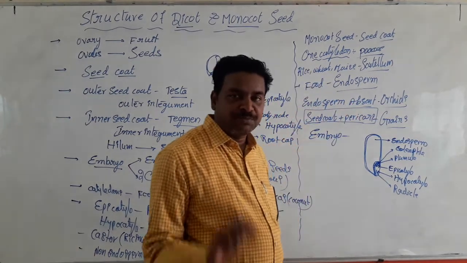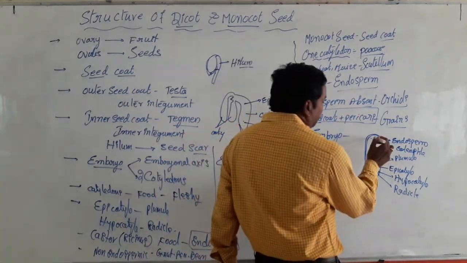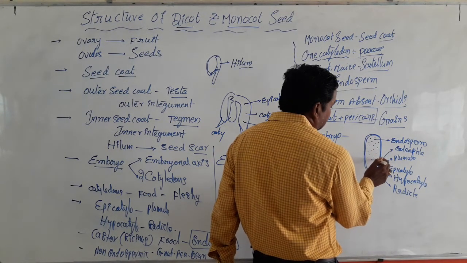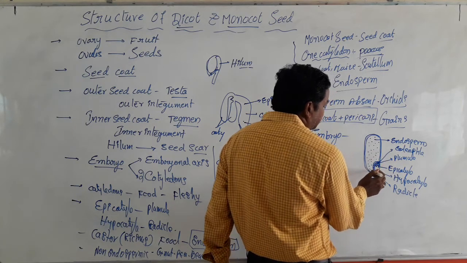Now coming to the most important point, students. The major part of the seed in monocotyledonous plants is endosperm.